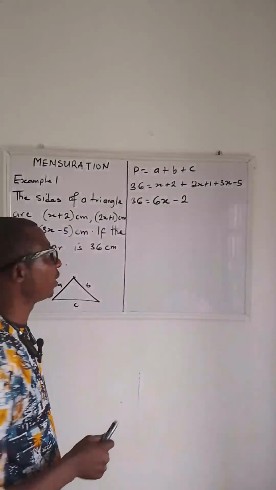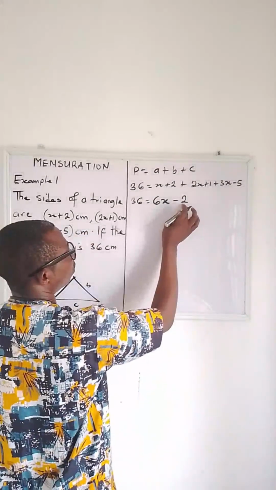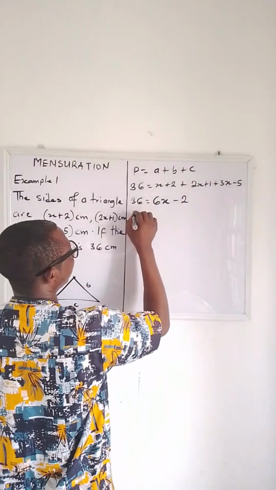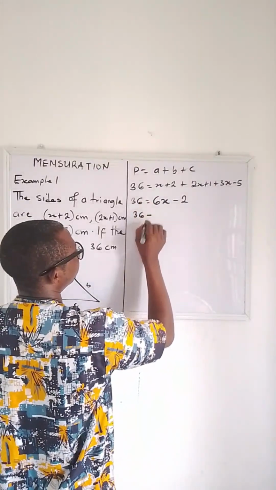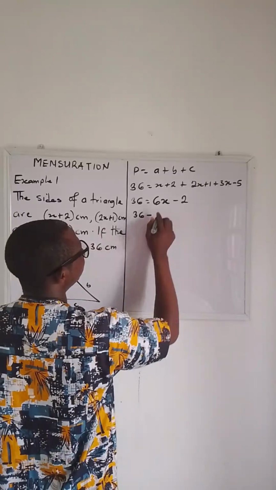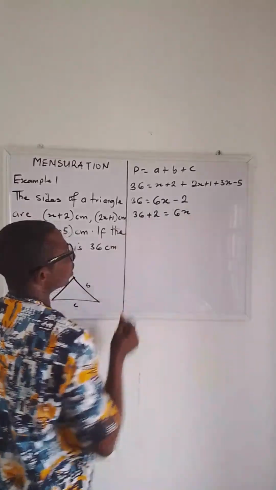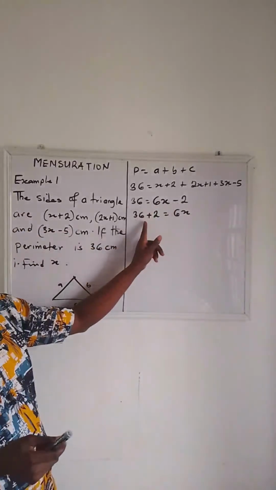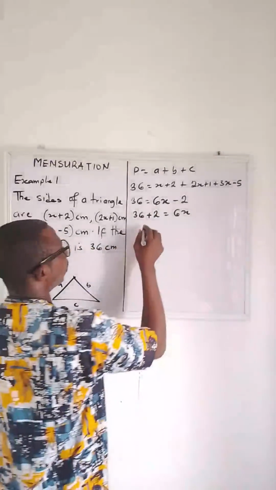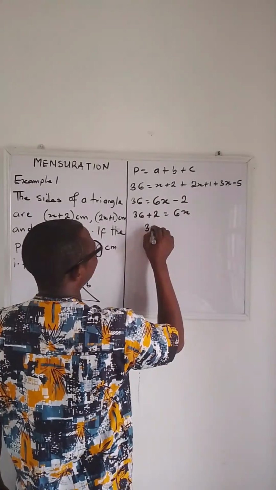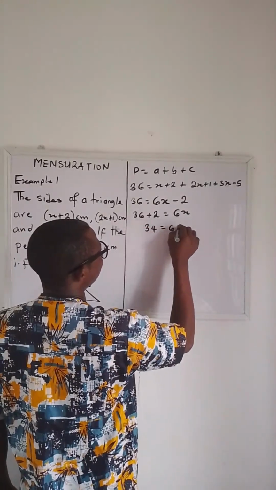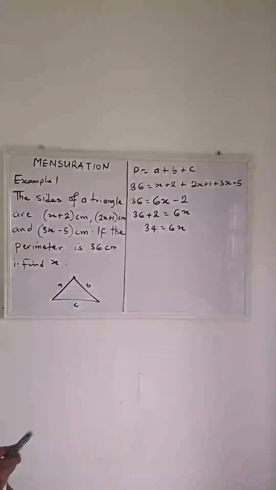Now let's transpose negative 2. So we have 36 plus 2 equals 6x. Once you transpose, the sign changes. That gives you 34 equals 6x. I hope we all understand that.